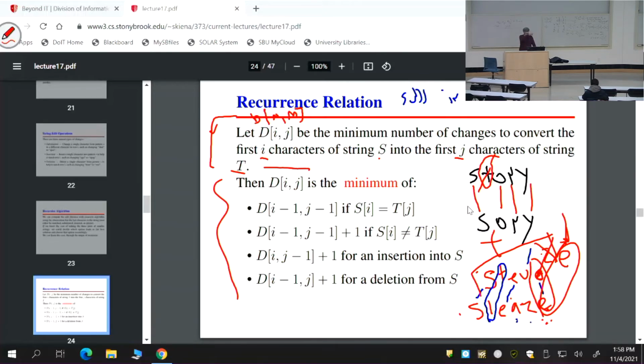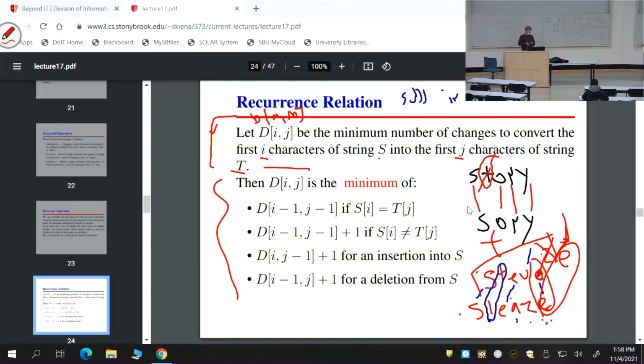The first thing is to see, is it correct? Okay? The point is, I've got to do something with the right side of my string. It's got to either end on a match, a substitution, an insertion, or a deletion. I try all 4 possibilities.